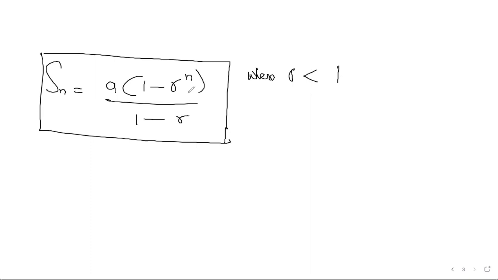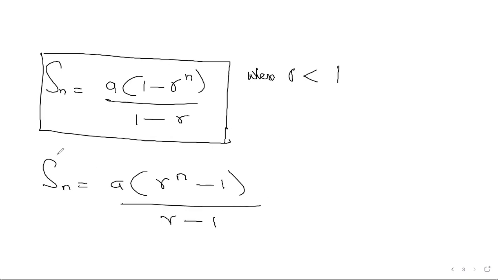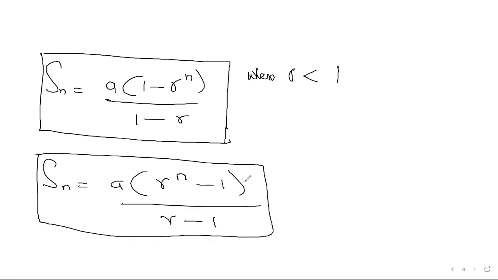Otherwise you have a negative value here, and even if it is not less than 1, if you have a negative value here, then they should cancel out anyway. But if you have r greater than 1, you can use this formula: r raised to the power n minus 1 over r minus 1. So r greater than 1. Okay.